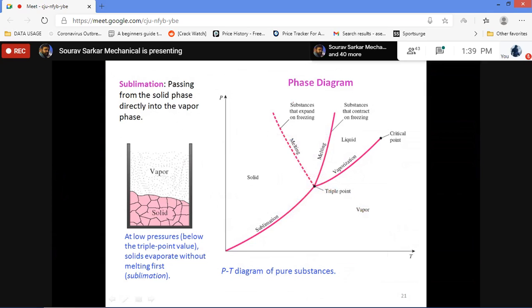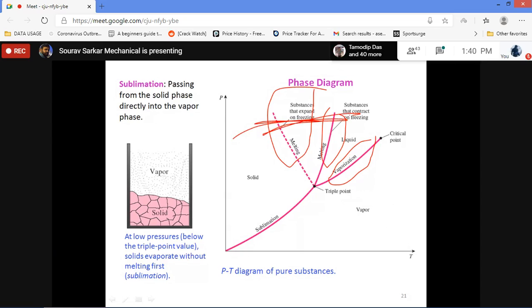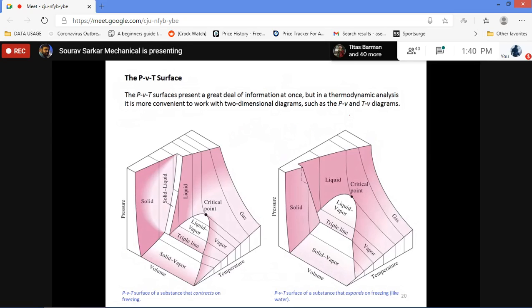So please remember this diagram. For vaporization everything is the same, but these two branches are different, based on two different types of material. Now if we superimpose this PV diagram and VT diagram, it will create PVT surfaces.